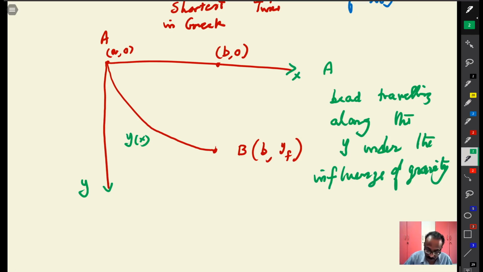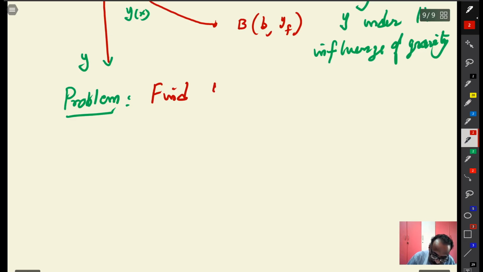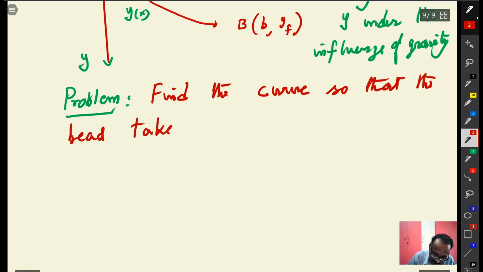So what is the problem? Find the curve y so that the bead takes the shortest time, not shortest length.